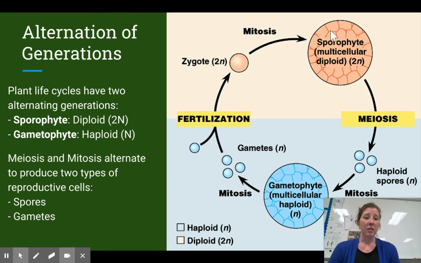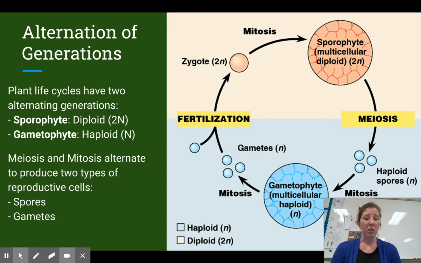The zygote develops into a plant structure that is sporophyte, which then undergoes meiosis and produces haploid spores. Remember that meiosis is reductive division. So we're cutting the number of chromosomes in half. Each of those pairs are being separated to opposite sides, and will end up in opposite cells, spores in this case.